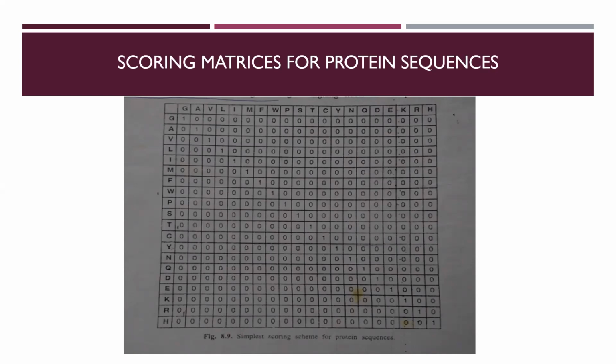If that mismatch contains amino acids that have different characteristics, in other words if they belong to different groups, then you get a lower score.